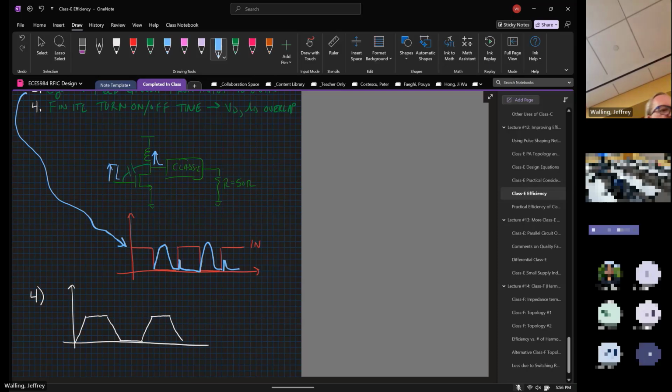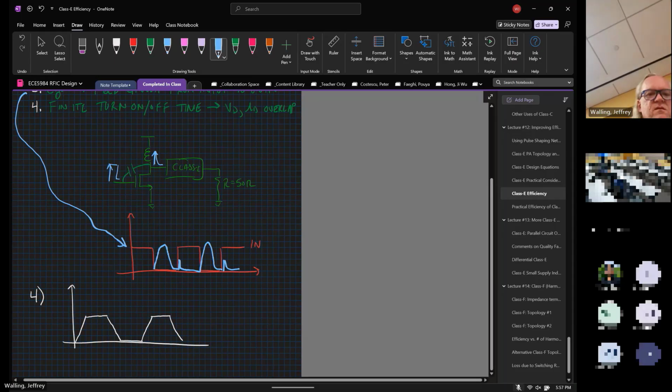So you can see you have some potential for drain current overlap because of that. And then, of course, the finite turn on time. We're just saying I've got this period where I can be dissipating power that my theory didn't anticipate.